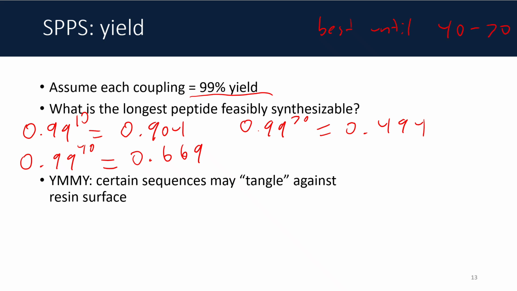Your mileage is going to vary depending on what your primary sequence is. It's totally possible for your growing peptide chains to tangle up on the resin surface and therefore not react nicely. Really, really long peptides might be hard to purify. So as you get closer to 70 amino acids long, it's like, don't hold your breath. It may not be feasible. You may have to do this recombinantly.